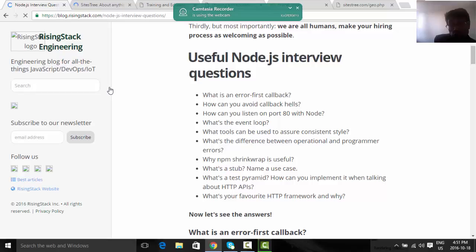What is an error first callback in Node.js? Node.js is asynchronous and event based. When a particular event happens, you call a method or some other function, and then it comes back to the callback function.